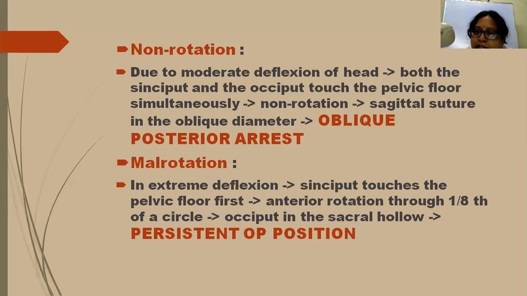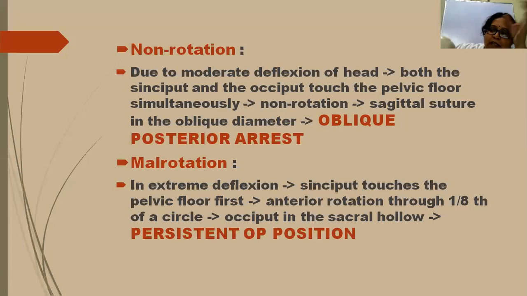So when such a large diameter is occupying the pelvic floor, then no rotation will be possible. Then it is called non-rotation. So this is called oblique transverse, oblique posterior arrest. And in mal rotation, which is extreme deflection, when both are touching the pelvic floor first, non-rotation occurs.